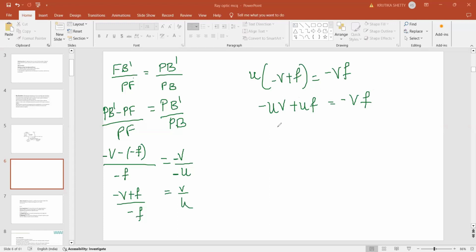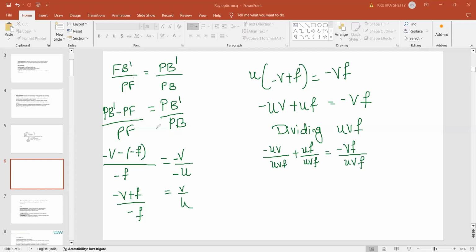Now dividing the last step on both sides by uvf. Dividing on both sides by uvf, here the first term, look there, this is minus uv upon uvf plus uf divided by uvf is equal to minus vf divided by uvf.